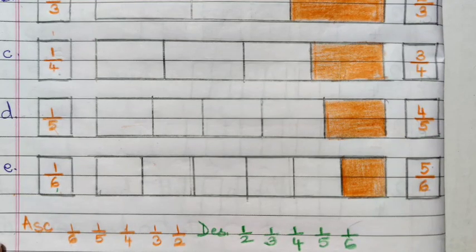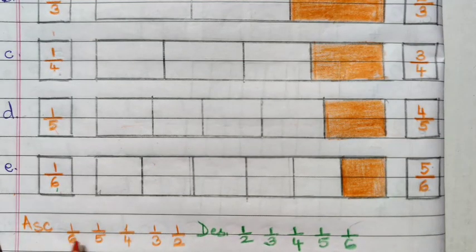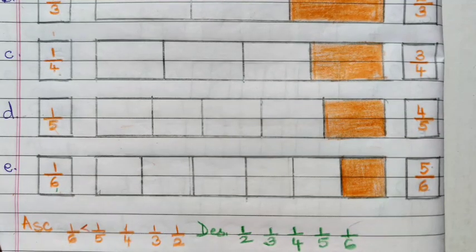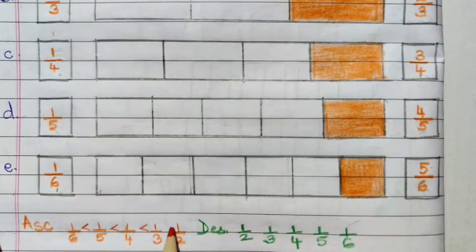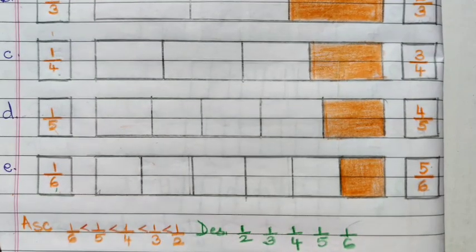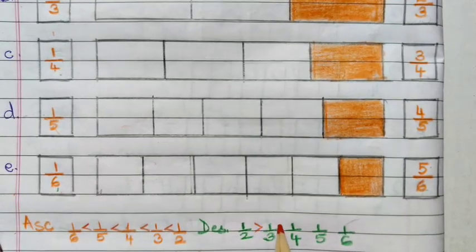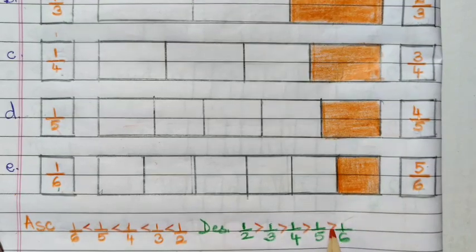Let me take red. That means this is smaller. Yes, this is smaller, this is smaller, and this is smaller, correct? And here, this is the biggest, then comes the next number, then the next number, and then the next number.